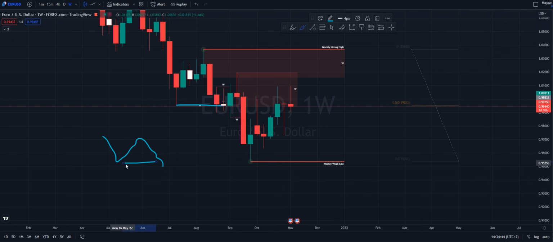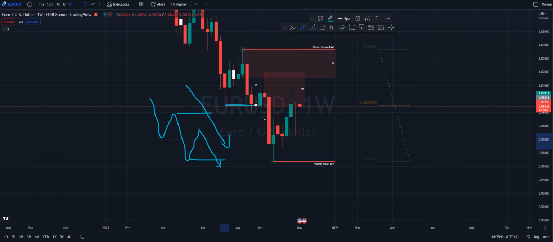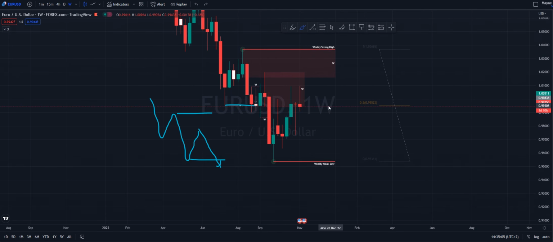Let me put that in better context. Because price has broken bearish structure, we expect price to continue to move to the downside to continue the overall bearish trend. If you look, you will see that price is in an overall bearish trend from a weekly perspective.